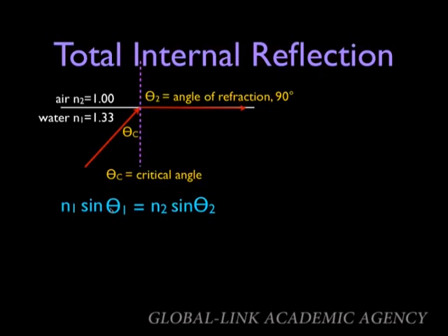So I'm going to take out this theta 1 and replace it with theta c, theta c being the critical angle, and now we can solve what theta c is. So if I divide both sides by n1, I shall have sine theta c, the sine of critical angle, is equal to n2 sine theta 2 over n1.